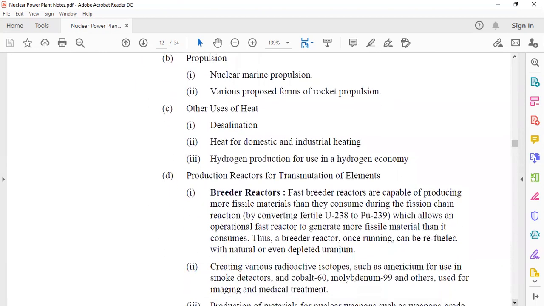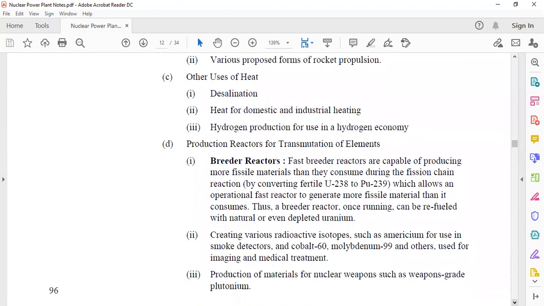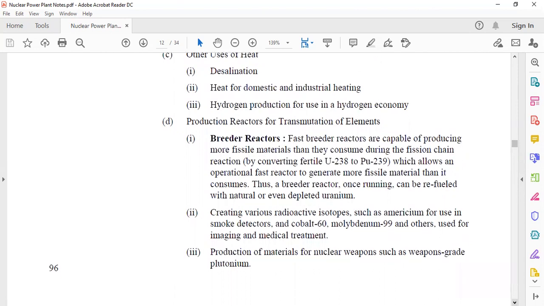Then depending on the production reactors for the transmutation of elements, there are breeder reactors. Fast breeder reactors are capable of producing more fissile materials than they consume during the fission chain reaction by converting fertile uranium-238 to plutonium-239, which allows an operational fast reactor to generate more fissile material than it consumes.